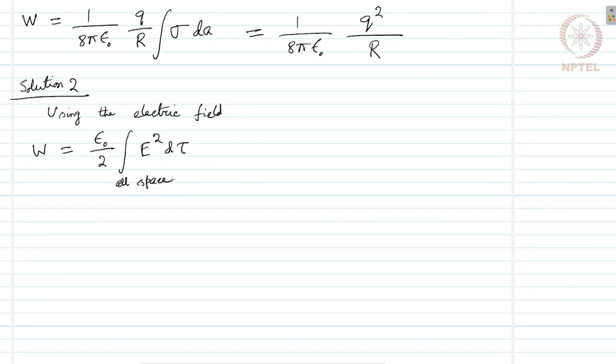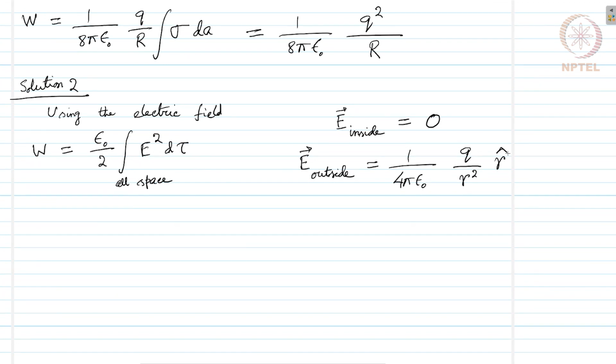We have considered this example of a spherical shell with uniform charge distribution earlier. From Gauss law, we found that the electric field inside the sphere is 0 because no charge is enclosed within the Gaussian surface, if we consider a Gaussian surface inside the spherical shell. Outside the spherical shell, it can be given as 1 over 4 pi epsilon naught q over R squared R cap.